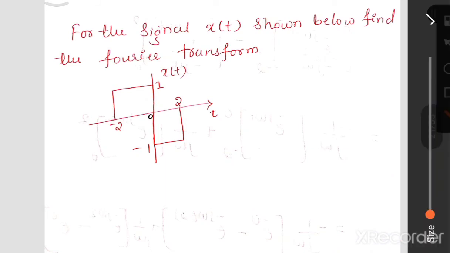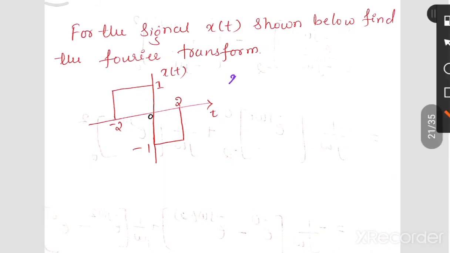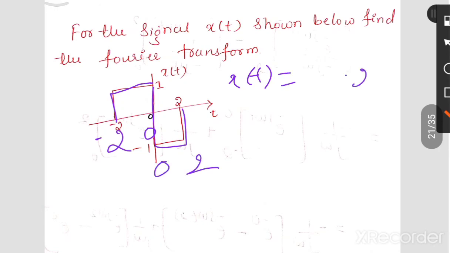Okay, first we have to define the signal, that is x of t. We have this signal and we have this signal. First signal is from minus 2 to 0 and another signal is 0 to 2.